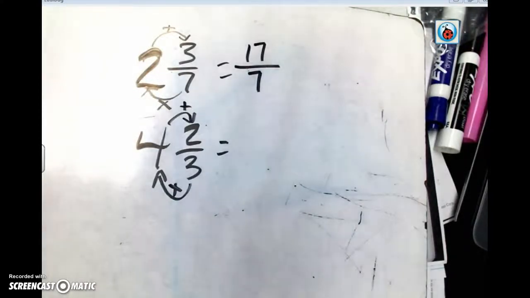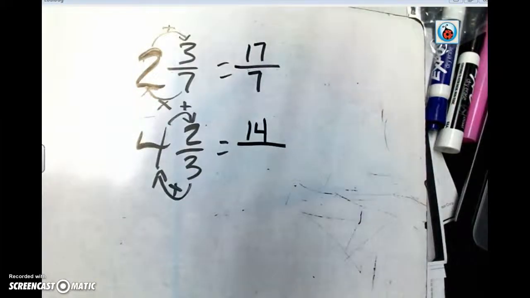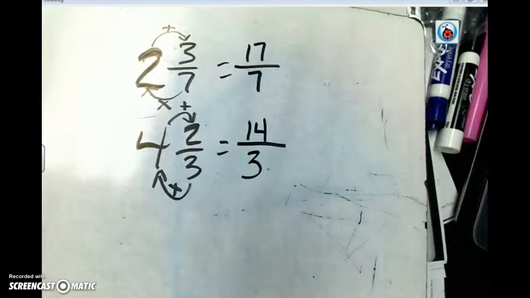You would do 3 times 4, which would be 12, and then you add 2, which would be 14. So 14 would be your numerator, and then 3 would be the denominator. Perfect. So you have to remember how to convert a mixed number to an improper fraction before we can multiply. Okay?